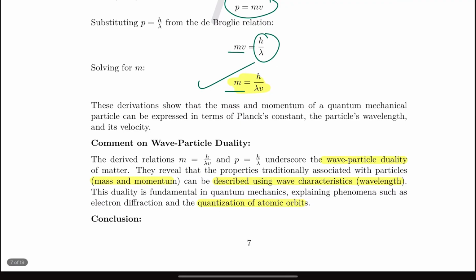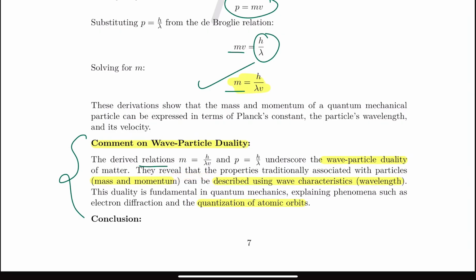Then we are required to make the most important part of this solution, which is to comment on wave particle duality, because this is what we understand, and this is what might help us to express our knowledge, so that our examiner will be impressed to give us the maximum marks. So the derived relations, m equal to h upon lambda v and p equal to h upon lambda, underscore the wave particle duality of matter.